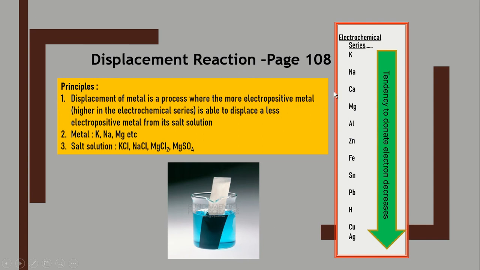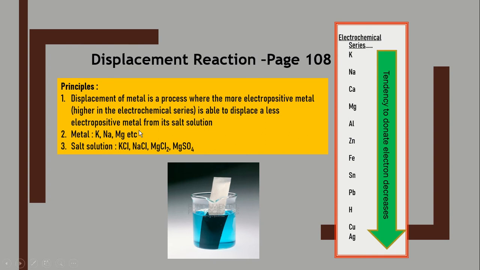Okay, so you have to remember the electrochemical series. So you tengok sini dia cakap the tendency to donate electron decreases, bermakna lagi atas dia lagi senang untuk donate electron, easier to donate, meaning kalau dia easy to donate bermakna dia lagi senang untuk hilang elektron, lost electron.